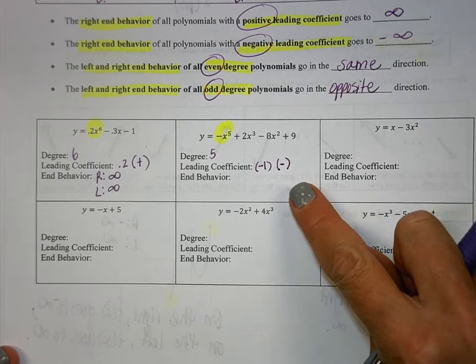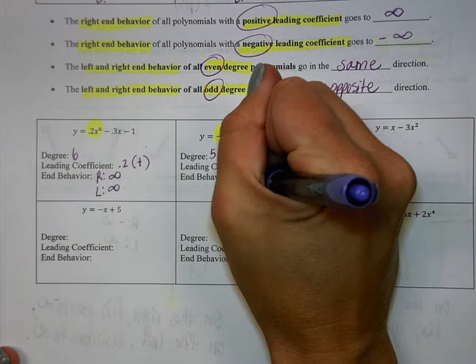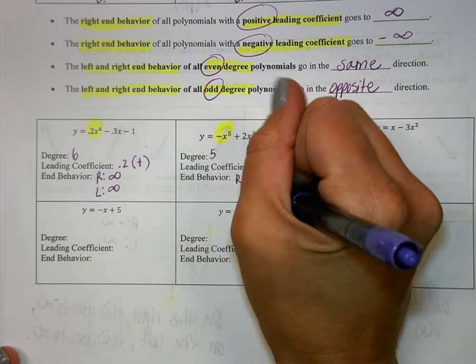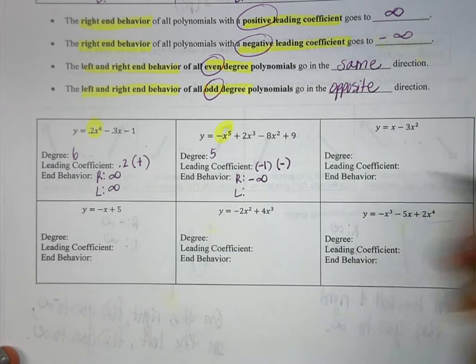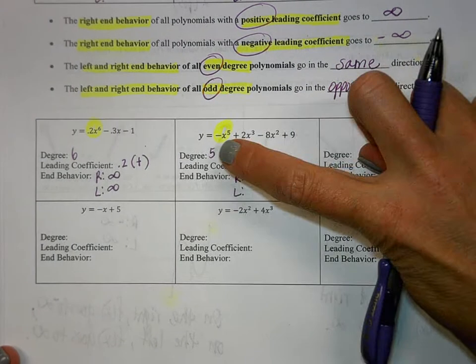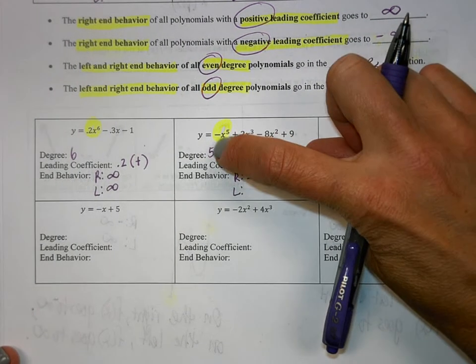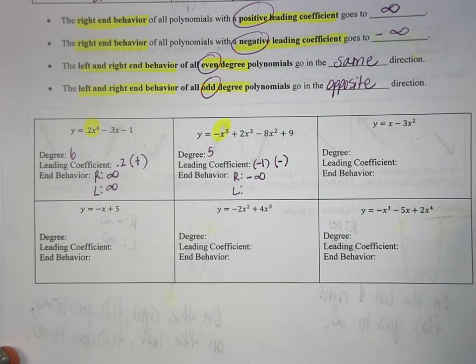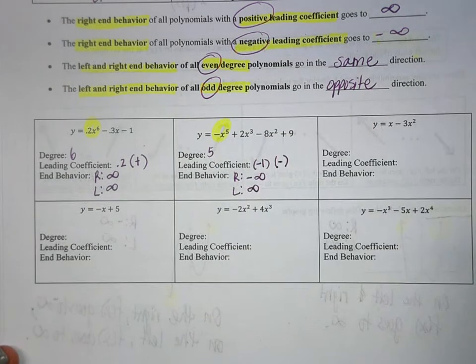Because my lead coefficient is negative, my right end behavior will go where? Negative infinity. Very good. My left end behavior is going to go where? Positive infinity. Why? Because it's the opposite. Odd numbers go in opposite directions, so the left goes to positive infinity.